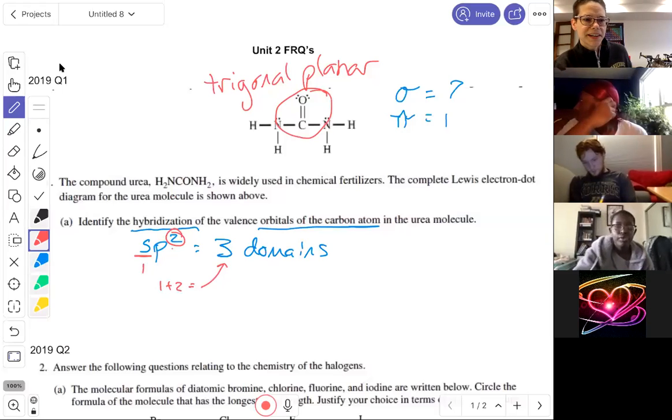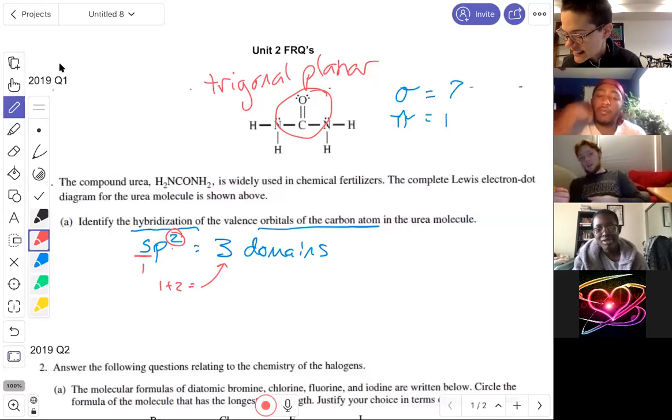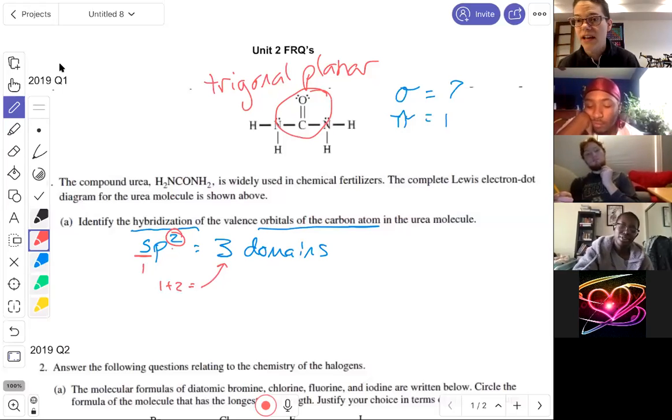No, it's on the magic chart. All you have to do, Taylor, is see that I've got 1, 2, 3 things around it and no lone pairs. So you go look up in that chart the name of the shape that has 3 domains and no lone pairs.